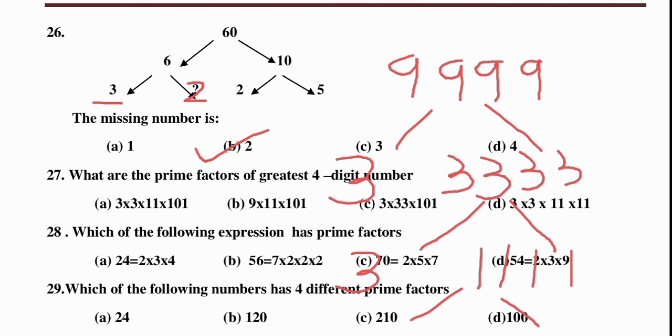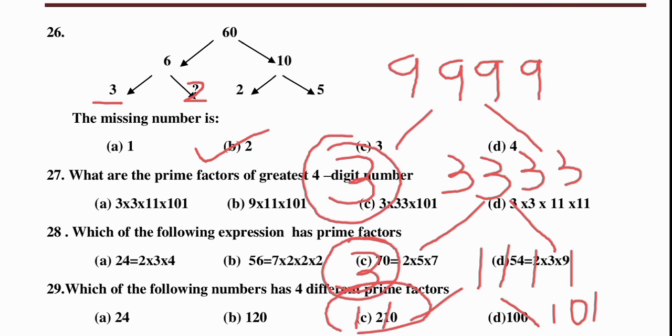Further, we can divide it into two parts, 11 and 101. Now we check which are the prime factors here. So they are 3 multiplied by 3 multiplied by 11 multiplied by 101. So here the correct option is the first, 3 multiplied by 3 multiplied by 11 multiplied by 101.